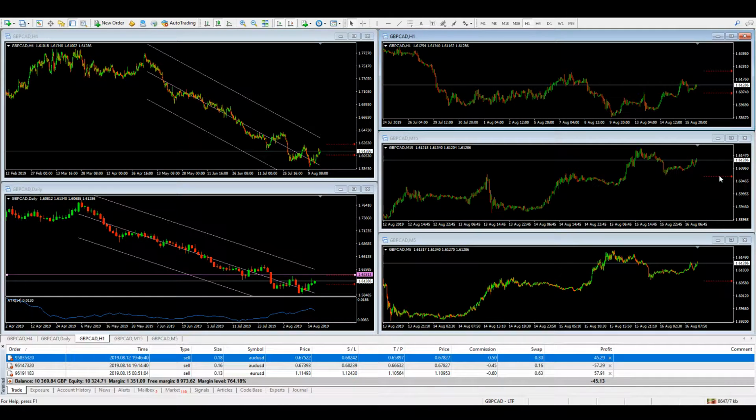We need the price to start making lower highs and lower lows, and that would go into the narrative that we're seeing on the higher time frames of the price moving down. If these previous highs get taken out and the price starts moving much higher, it's not worth it, because there's not going to be enough time for the candles to form by the end of the day to start moving down and pull back.